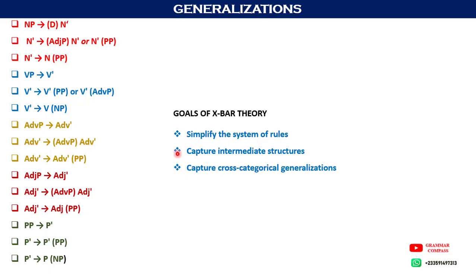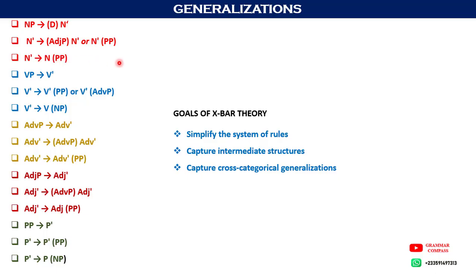And then one other goal of the X-bar theory is to capture intermediate structures. That is what we have proven so far, that there are intermediate structures in all the phrases in English. And then last but not least, the X-bar theory seeks to capture cross-categorial generalizations. That is what we have seen. So we have three rules for every phrase: the specifier rule, the adjunct rule, and the complement rule.